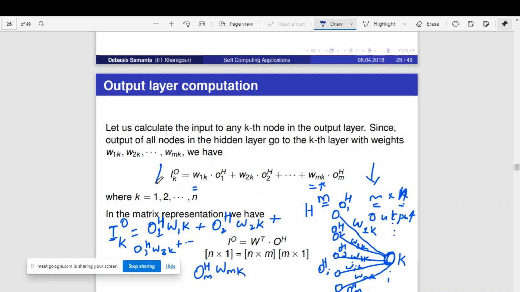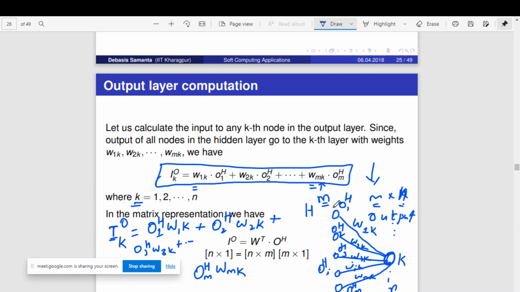So that is this equation. Here W1K is mentioned first and then O next. That's how we got this equation. Here K will range from what to what? How many neurons do we have in the output layer? K will range from 1 to n, right? Fine.